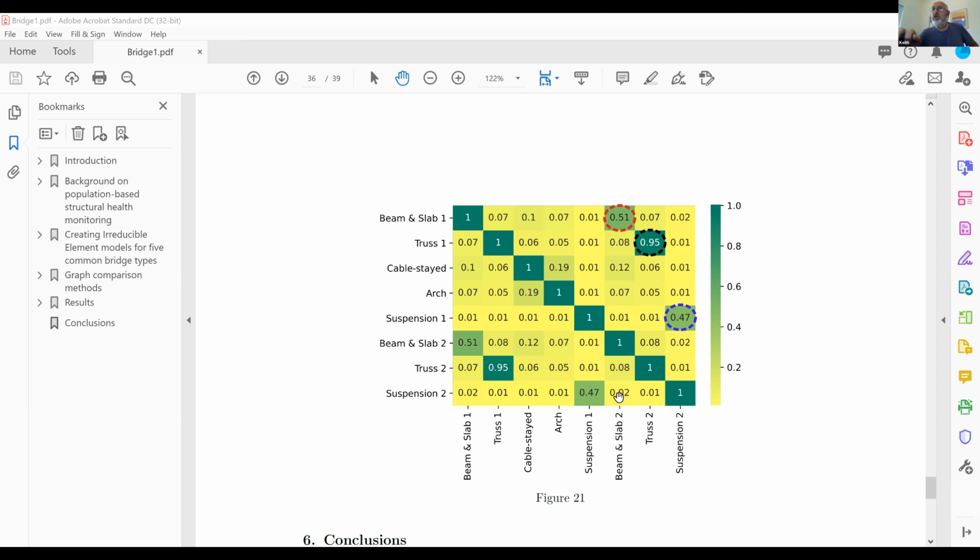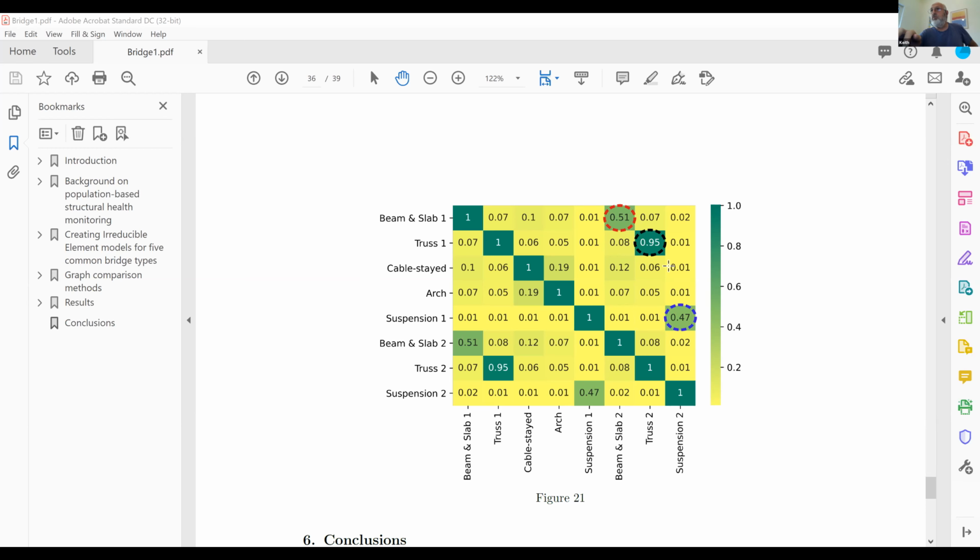Now, the interesting thing here is that we've got 2 truss bridges, which are very similar in construction. And they come out at a 0.95 correspondence. Now, depending on the way the theory works out, it might be that we decide that a correspondence of 0.9 is enough to try and transfer information.